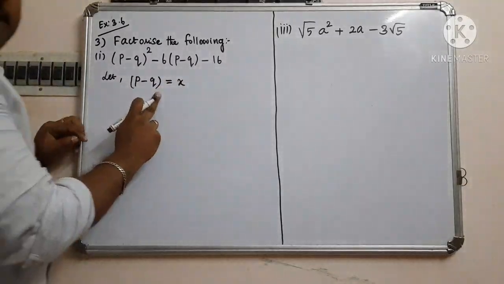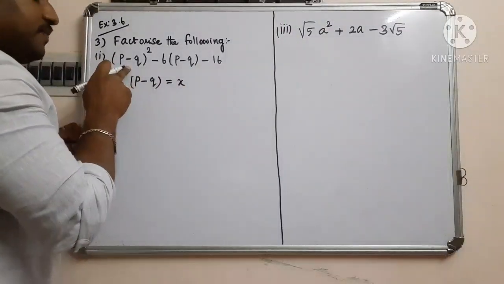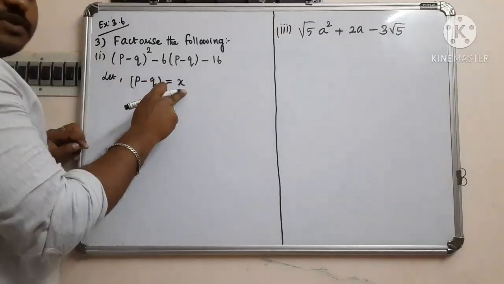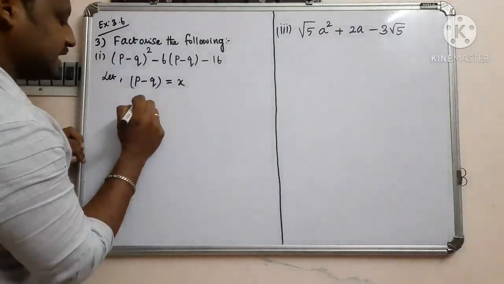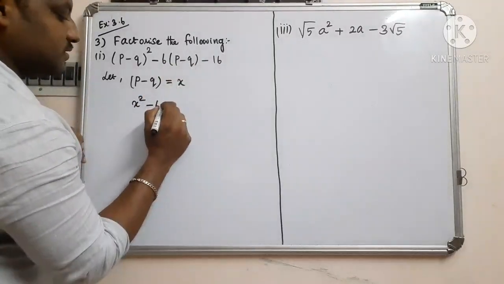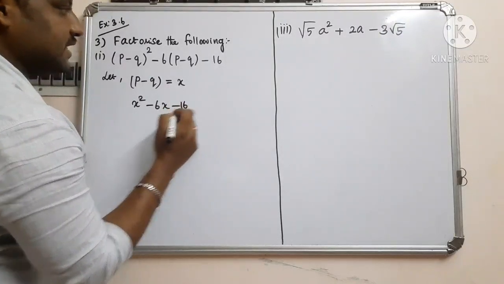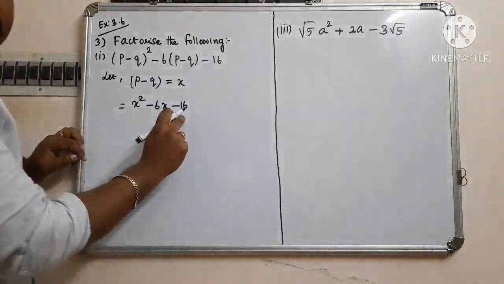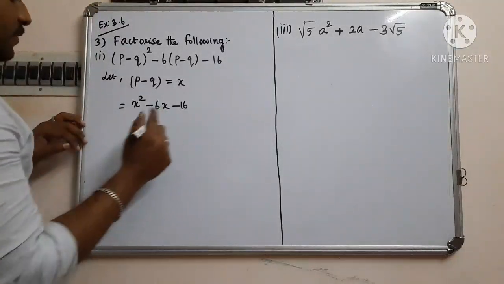You have to take p minus q equal to x. So if p minus q is there, you have to substitute the value x. So p minus q square is written as x square, minus 6 into p minus q should be written as 6x, minus 16. So this is the given polynomial. We have to find the factorization for this given polynomial.